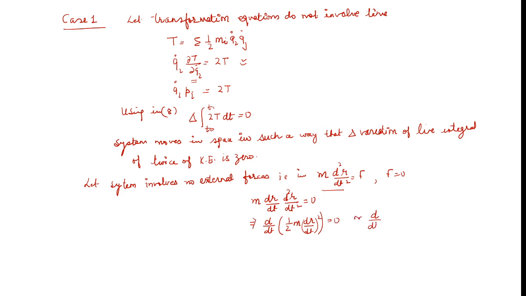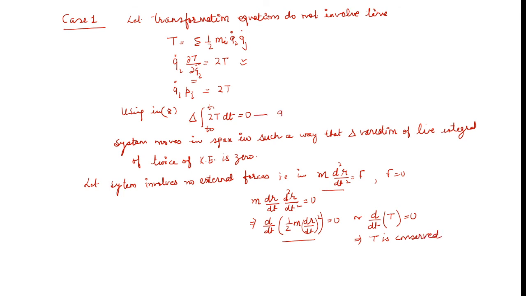This is the kinetic energy, so dT dt is 0. This implies T is conserved. Here the kinetic energy is conserved.